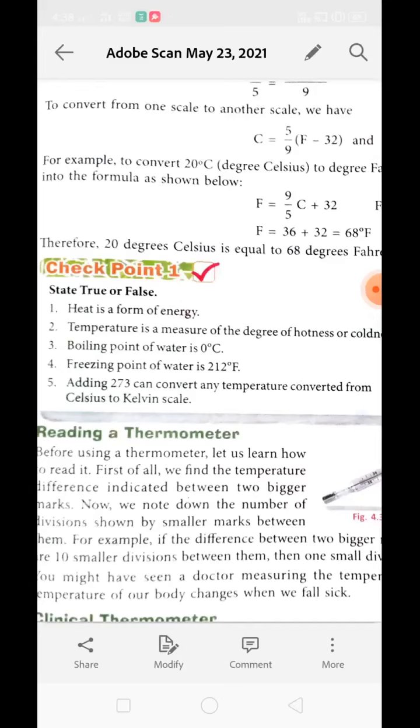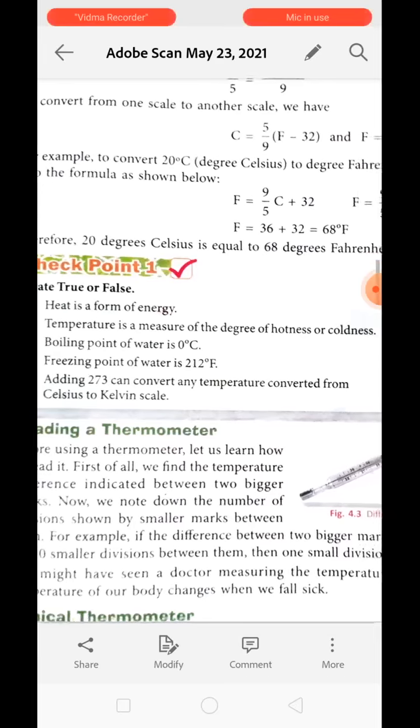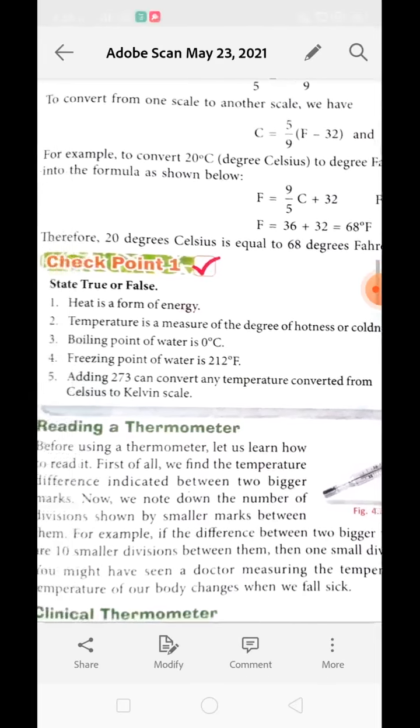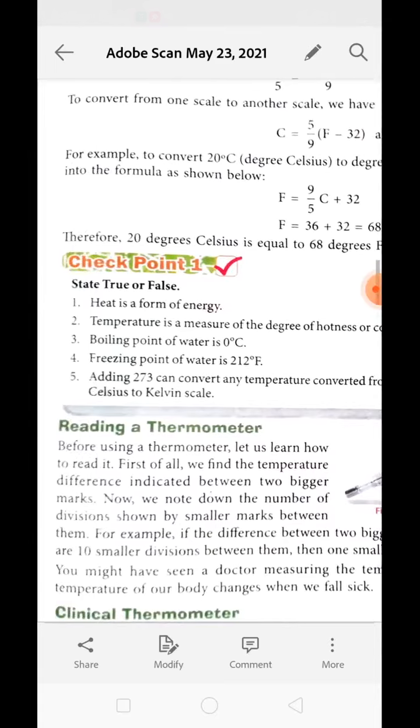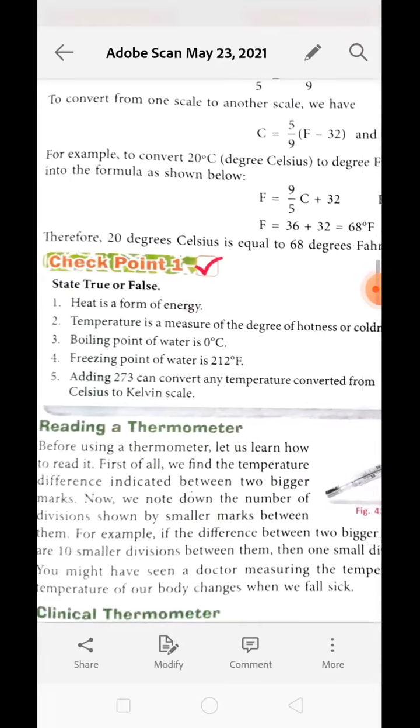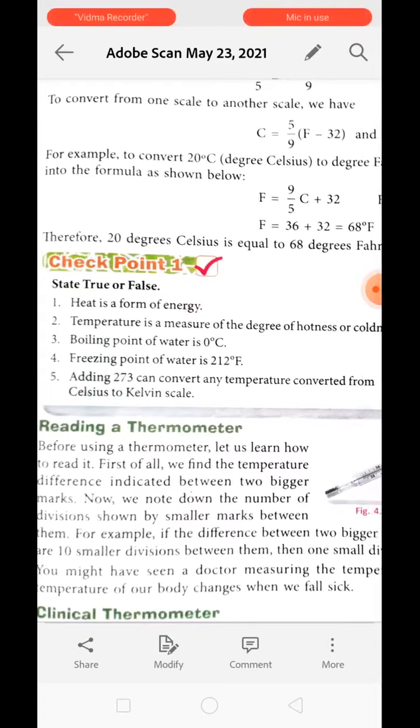The freezing point of water is about 212 degree Fahrenheit. No, it is again false. Now the next question: adding 273 converts a temperature from Celsius to Kelvin. When we add 273 to any temperature in Celsius, it gets converted into Kelvin. So yes, it is true.